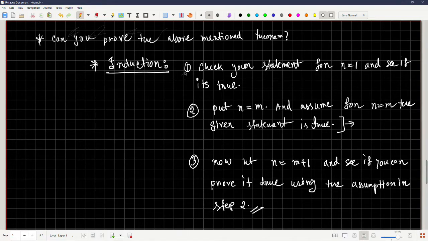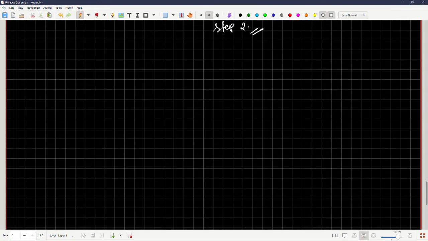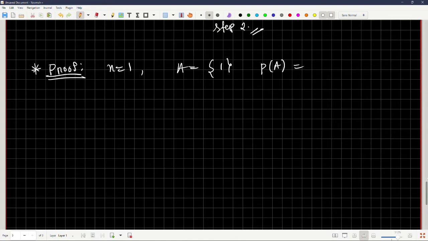So let us try to prove this statement via induction. This is a proof. First things first, we're going to put n equals to 1. Let us take a set A that contains only one element, and it has a power set of what? The null set and the element itself, right?